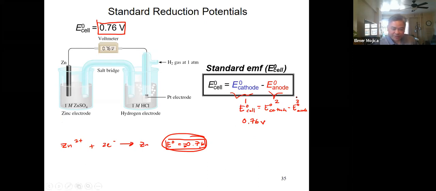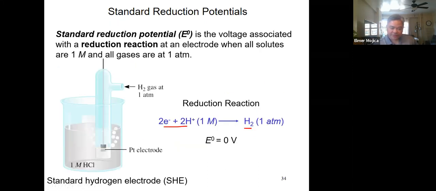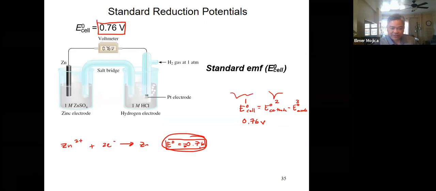Why? Because from the previous slide, we said the reduction potential of hydrogen is 0.0. So here, the hydrogen is what? Reduction. So the one that we're trying to get here is the E cathode, because this one is equal to 0. What is that E cathode? That is your zinc 2 plus producing zinc.